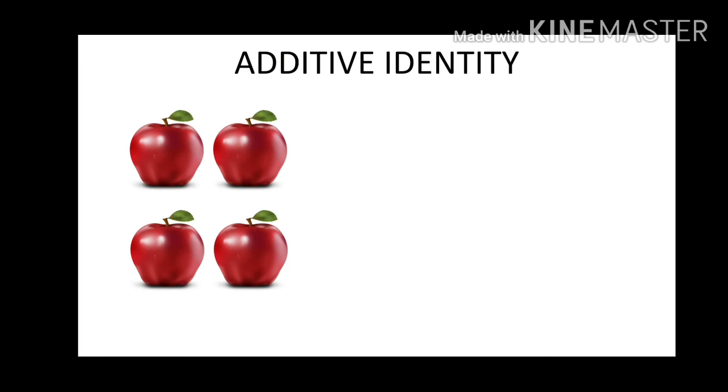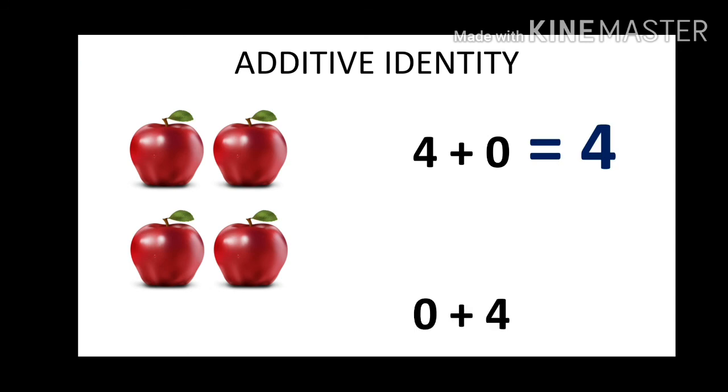Now additive identity. When I say identity, identity means the one that never changes itself. So if we have 4 apples and we add nothing to it, that is 0 to it, how much will be left? We are left with 4 apples only. Suppose we have no apples and we add 4 apples to it. So what we'll get? We'll get 4 apples.